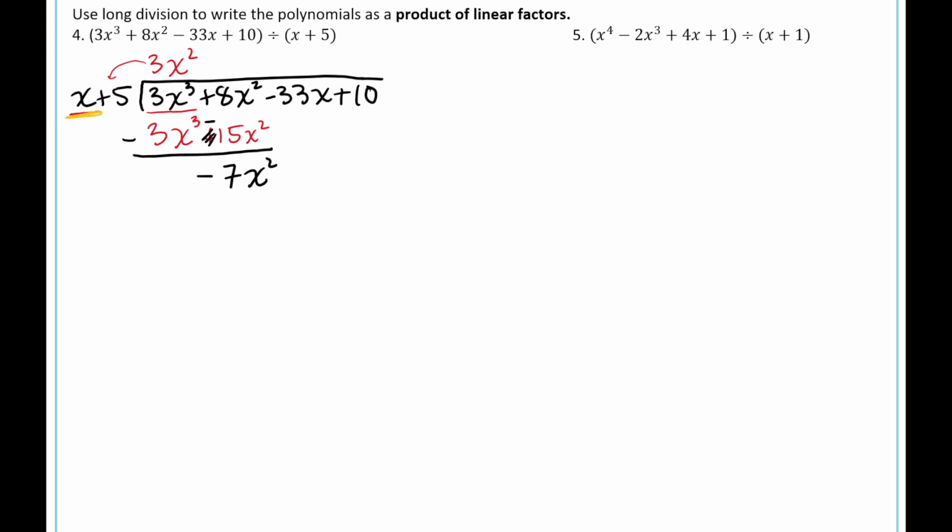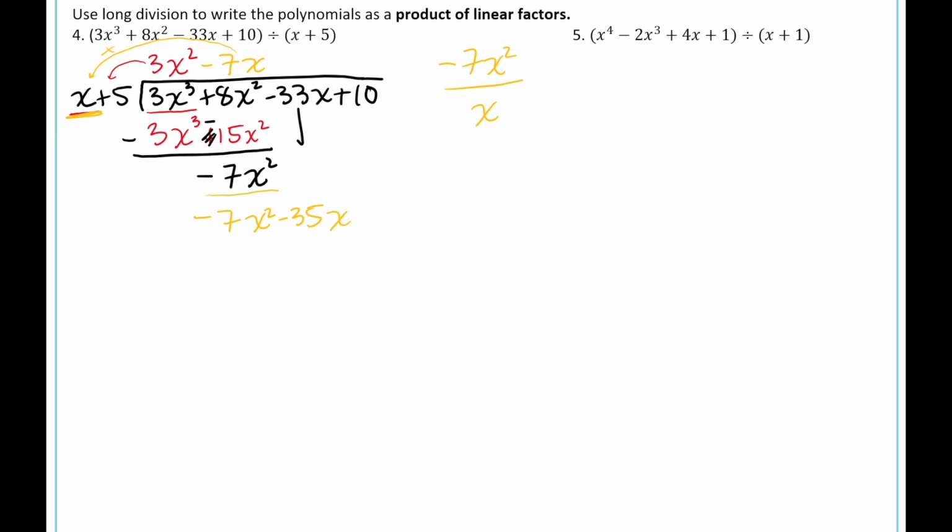I'm going to take my x term and divide negative 7x squared. Negative 7x squared divided by x is just minus 7x. Now I'm going to multiply it by my entire outside term, and I get negative 7x squared minus 35x.